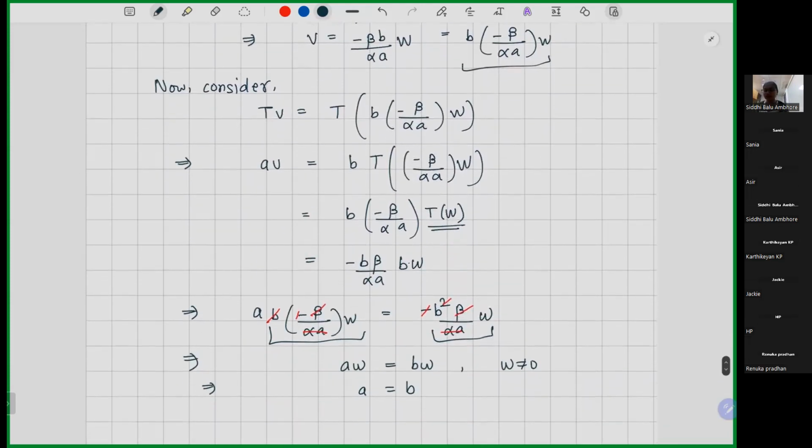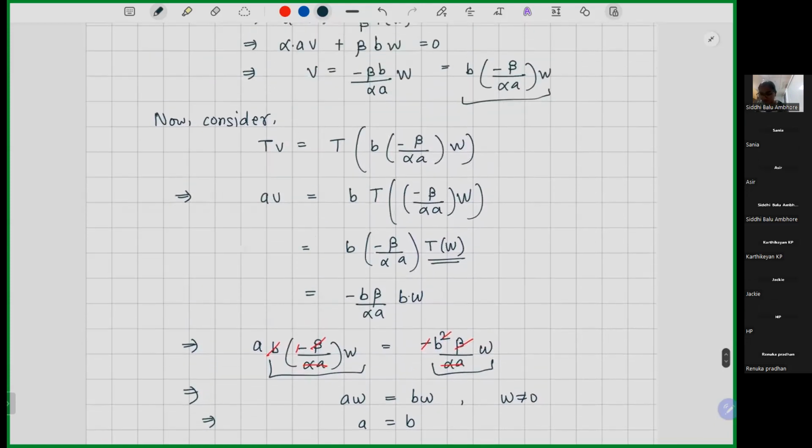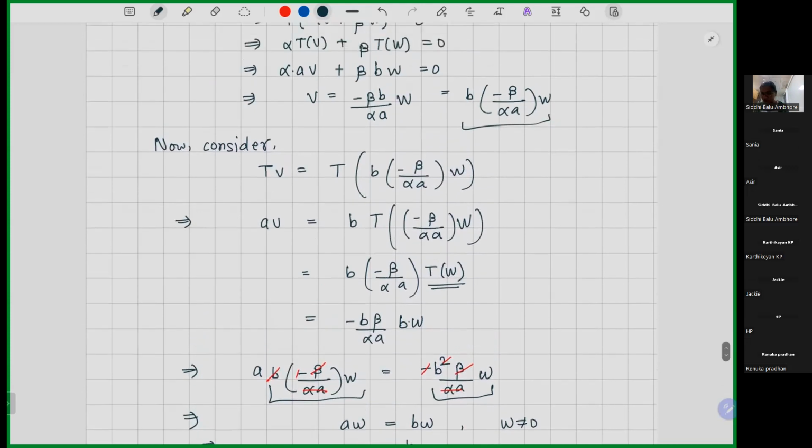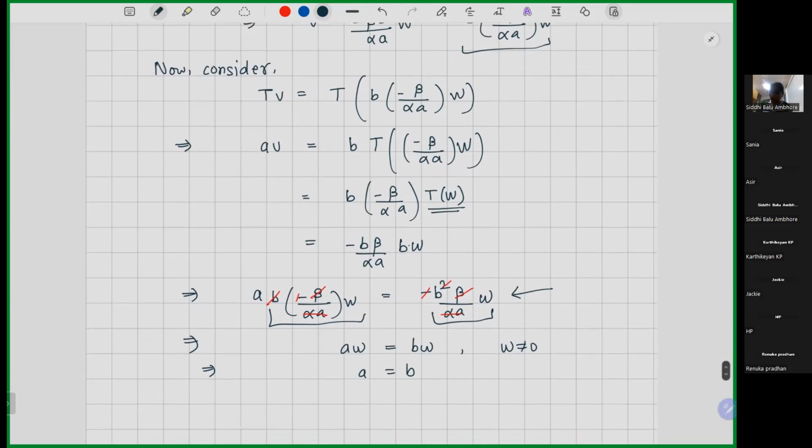In this last step you have proven, after AB equals minus B beta by alpha A into BW, then this subsequently for V is written as minus beta, that you have substituted here. Can you just brief that portion alone?